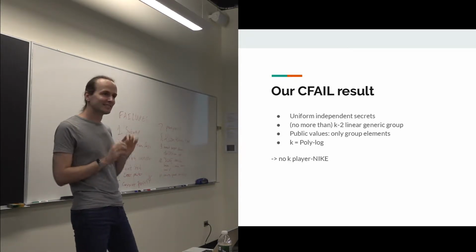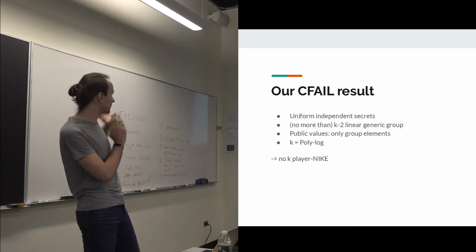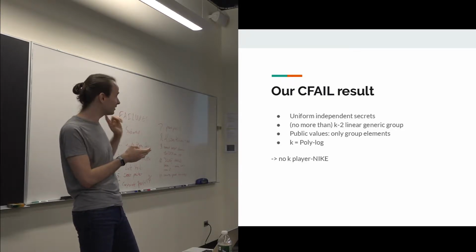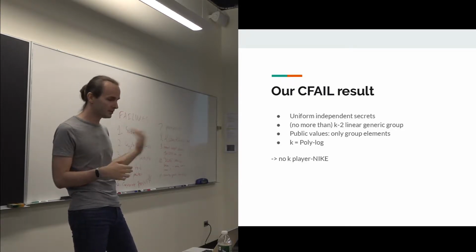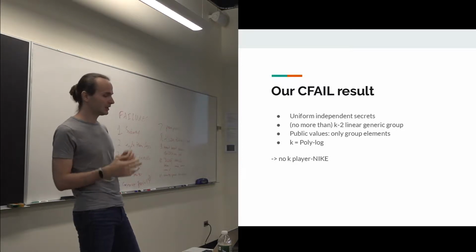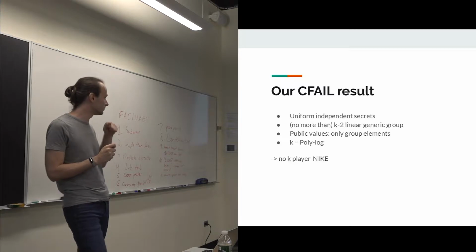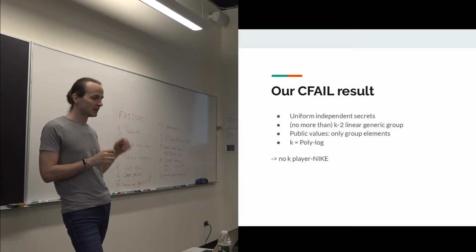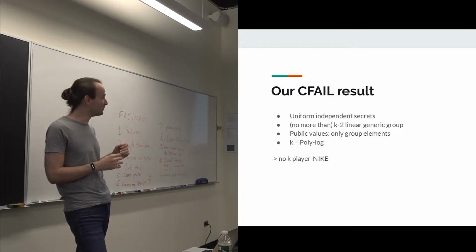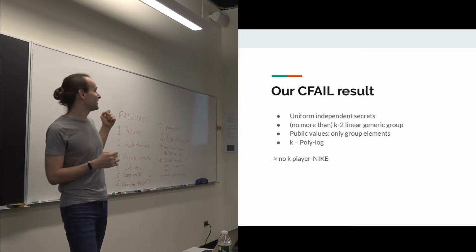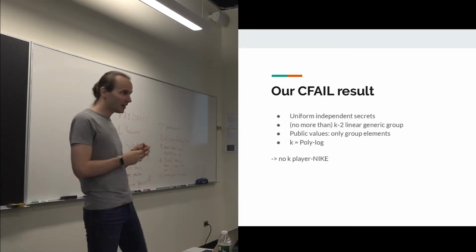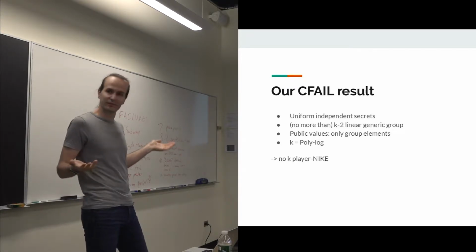If you think about the result like this: each party samples uniform secrets, they only publish group elements, it's a generic group, and the linearity is polylog, then we didn't fail.